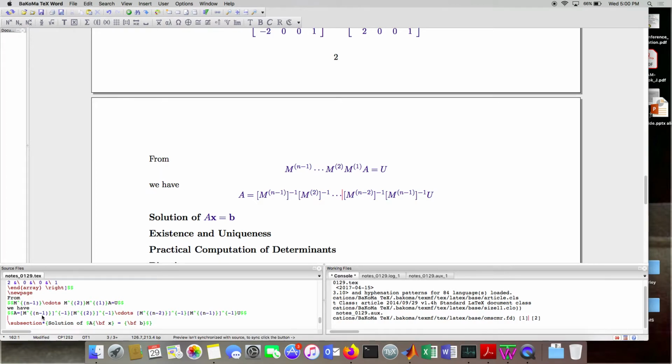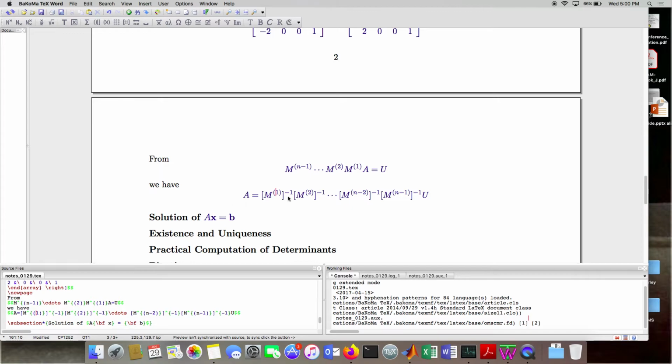All right. So now we have from left to right, M1 inverse, M2 inverse, etc. And we know what these look like also, because all it did was change the sign of those multipliers.